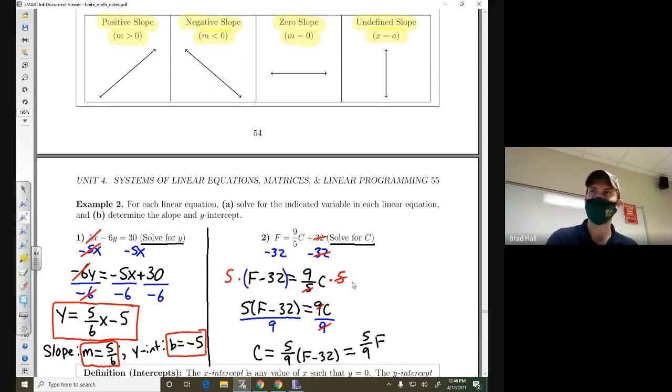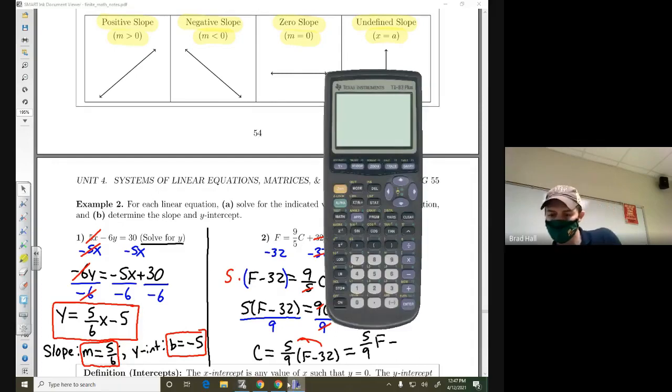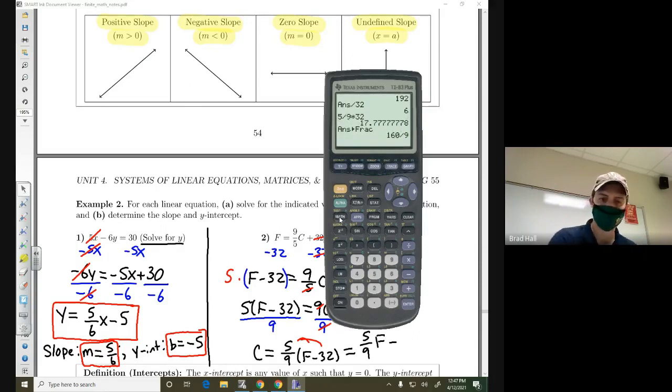So if we distribute this to put it in actual mx plus b form, then 5/9 times f is just 5/9f minus, well, 5/9 times 32. So let's figure out that one really fast. 5/9 times 32. Not a very nice number, so let's click math, fraction. Just like that.